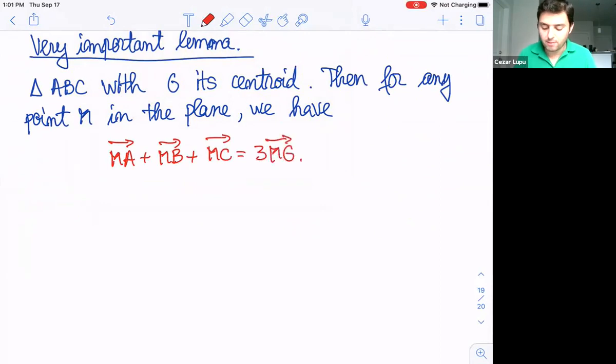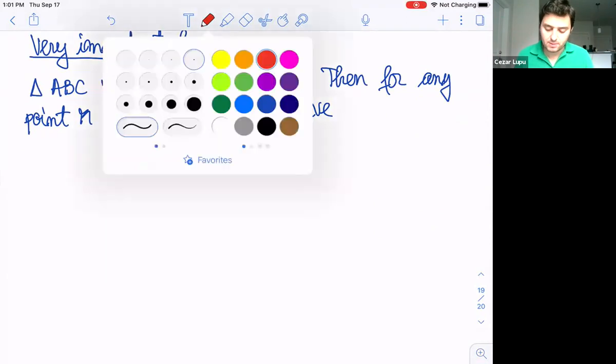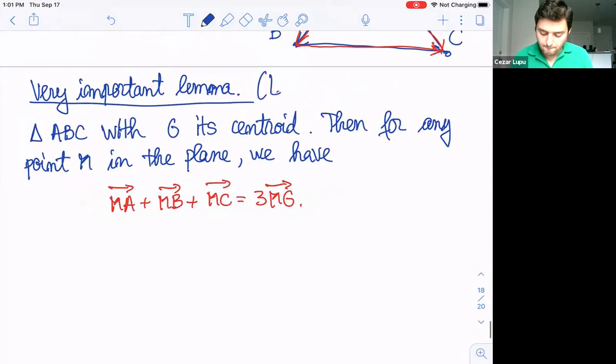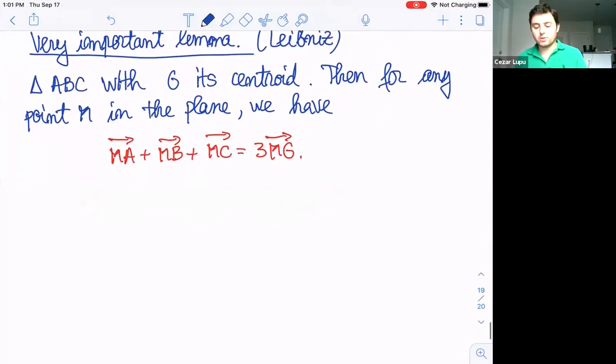Wow, that's amazing. This is, I think, due to Leibniz at this point. This is what you need to know.